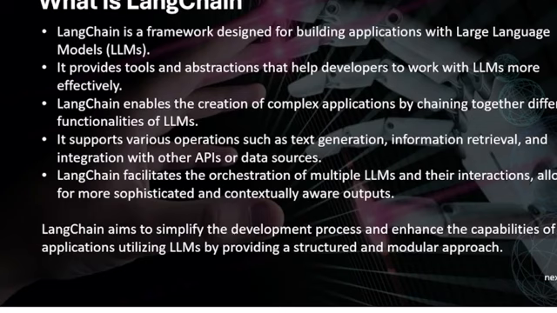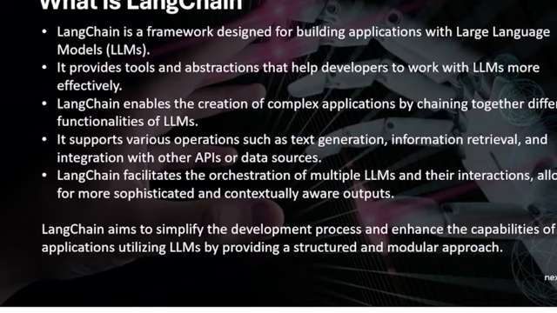Langchain enables the creation of complex applications by chaining together different functionalities. It supports operations such as text generation, information retrieval, and integration with other APIs or data sources. Langchain facilitates the orchestration of multiple LLMs and their interaction, allowing for more sophisticated and contextually aware outputs.